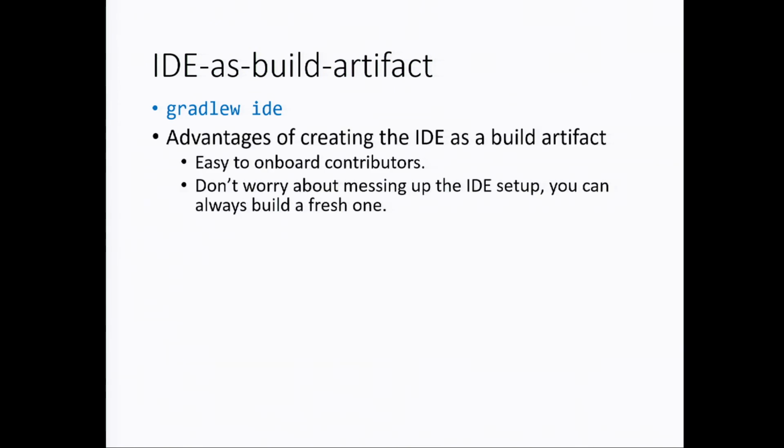The advantage of creating your IDE as a build artifact is that it makes it really easy to onboard contributors and make sure that they're set up with the white space settings you want and the tabs for spaces, and if there's any annotation processor code generators you're using, things like that. You can make sure that all of those are set up and working right off the bat.